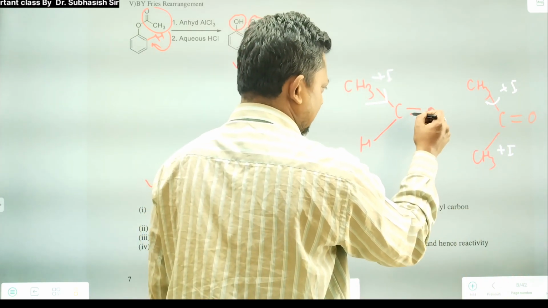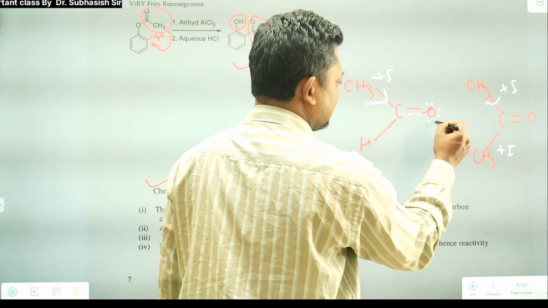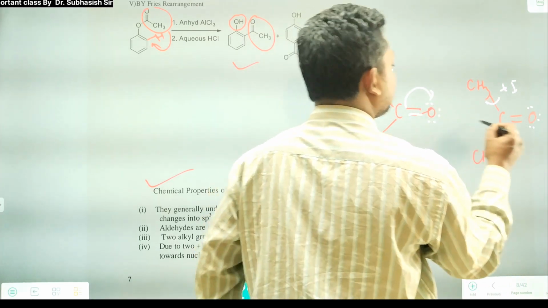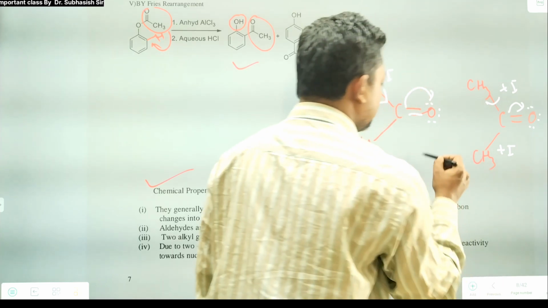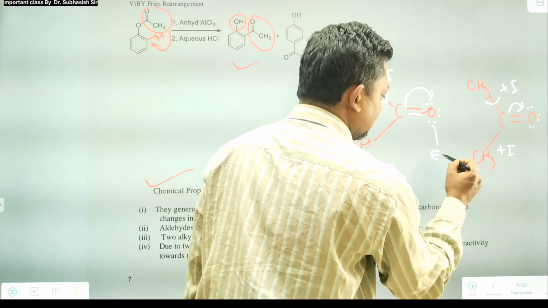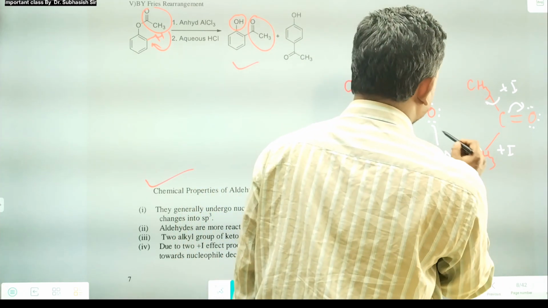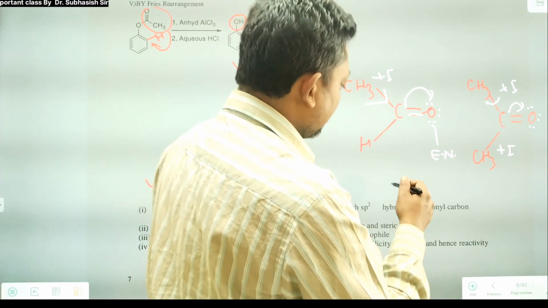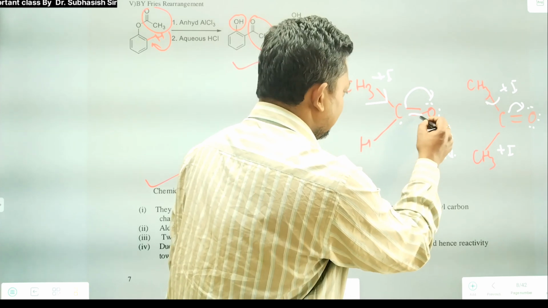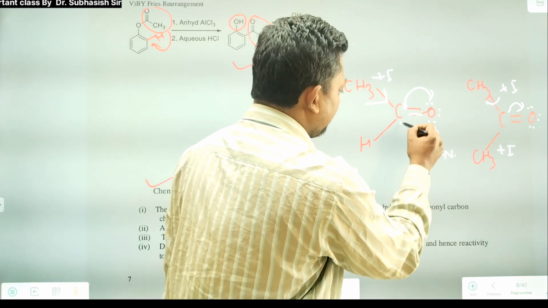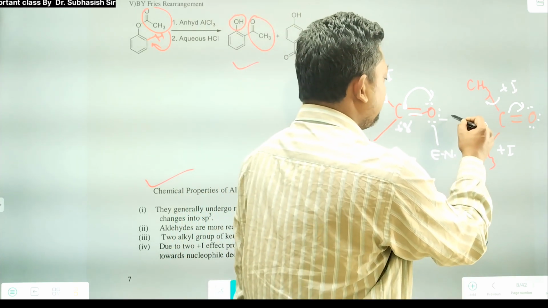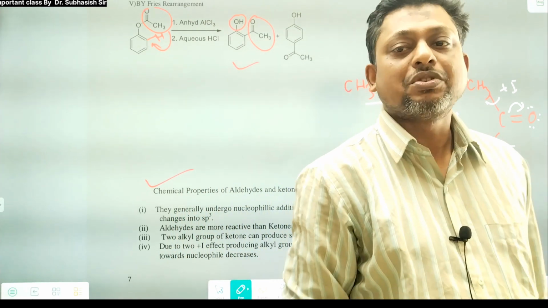Now here we can see that this electron can go to oxygen, because oxygen is more electronegative. So this electron cloud can be easily attracted by oxygen. Then if this electron goes from carbon, this carbon will become partially positive and oxygen will become partially negative.